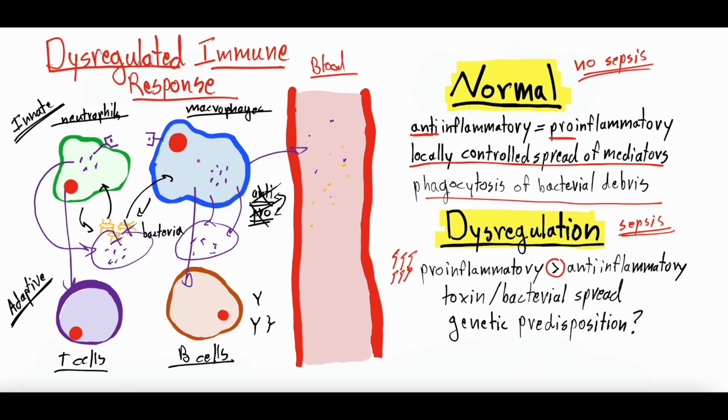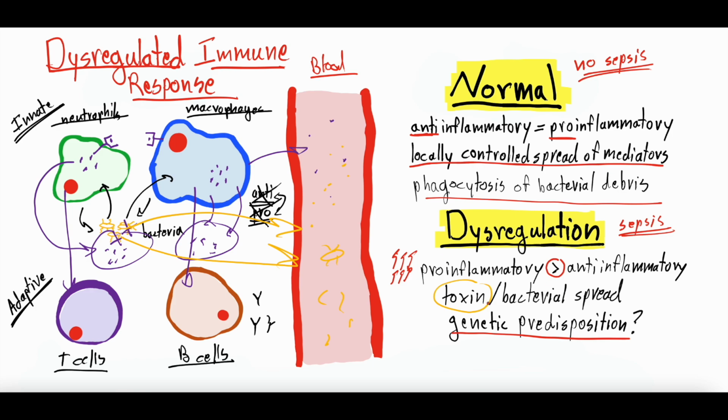In addition to that, the bacteria or even toxins the bacteria secrete start to spread out of that local area. More of them will get into the bloodstream and travel to different spots, especially toxins that the bacteria secrete. In addition, some feel that there's a genetic predisposition to sepsis, that there's something in people's genes that causes them to be higher risk for sepsis, probably something that affects their immune system.